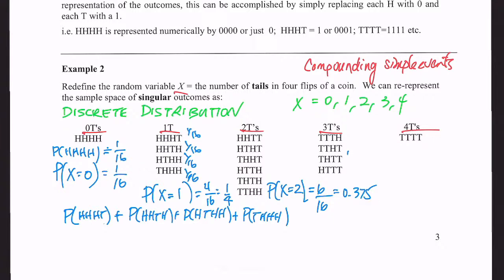The probability X equals 3 would be 1/4, just like the other. There's 4 out of 16, which is 1/4, or 0.25. And then X equals 4 is just 1/16. Got it?